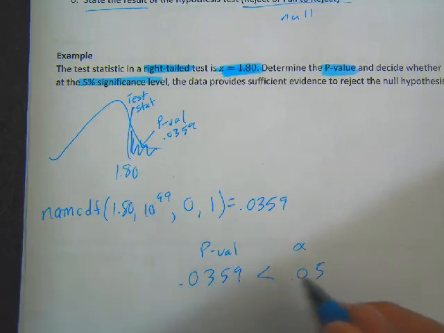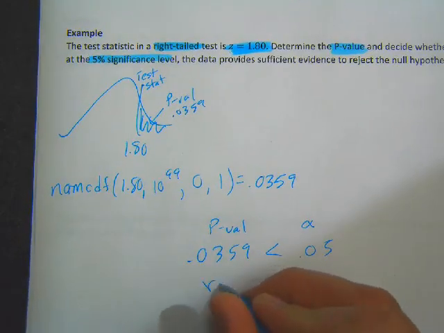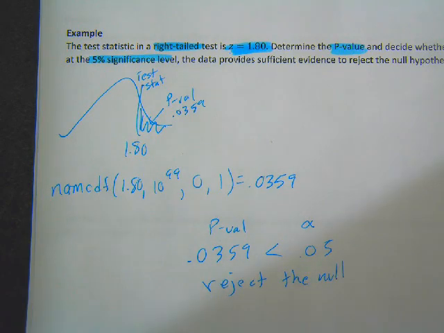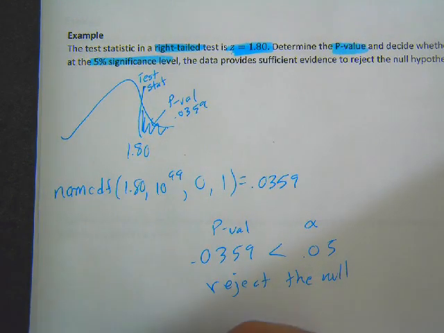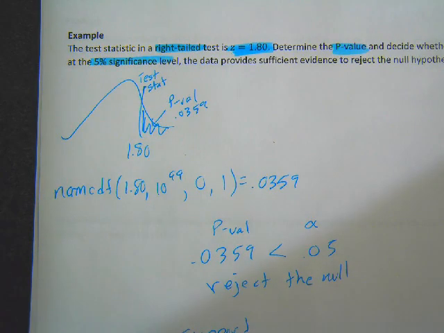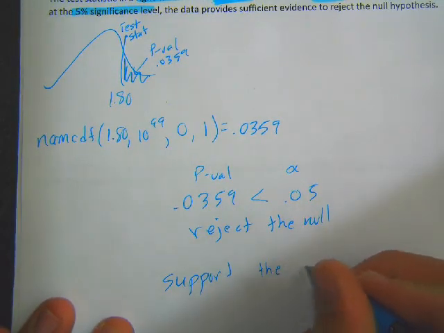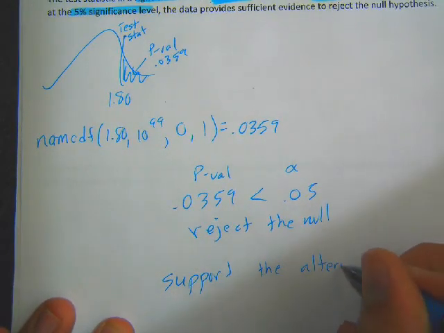Remember, if the p-value is small, then we reject the null. So our p-value is small enough. We reject the null. This tells us that they actually do have evidence to support the alternative, because our number was so extreme, so far out there, that we do support the alternative.